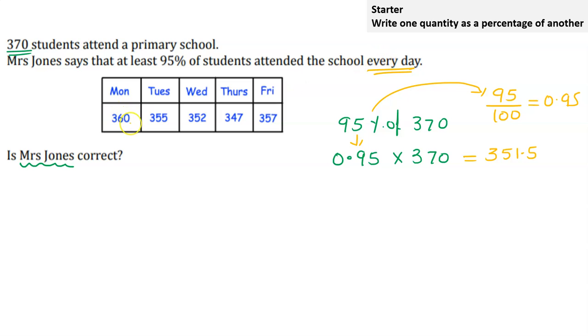Mrs. Jones says at least 95% of students attend the school every day. So 360 is more than 95% because the number should be at least 351.5. On Thursday it is 347, which is less than 351.5. So on Thursday, attendance is less than 95%.